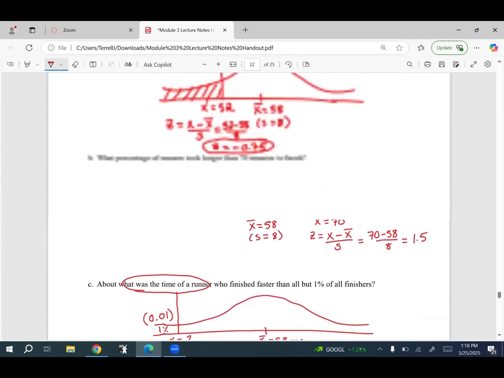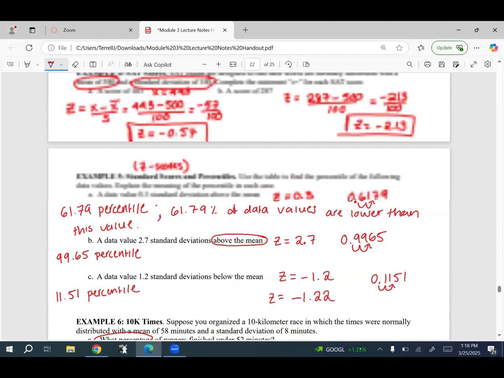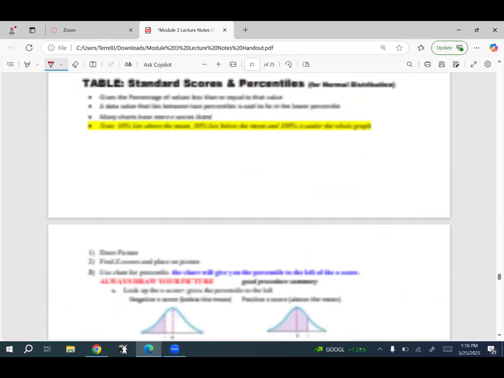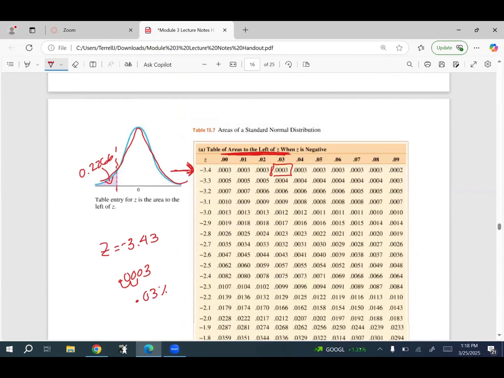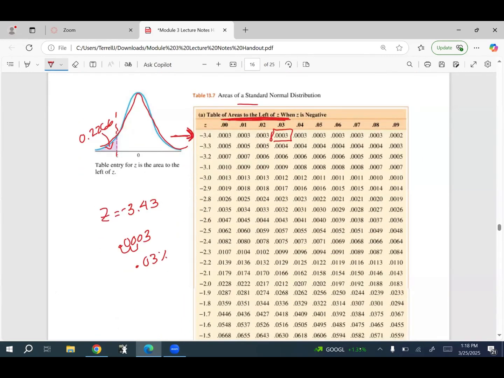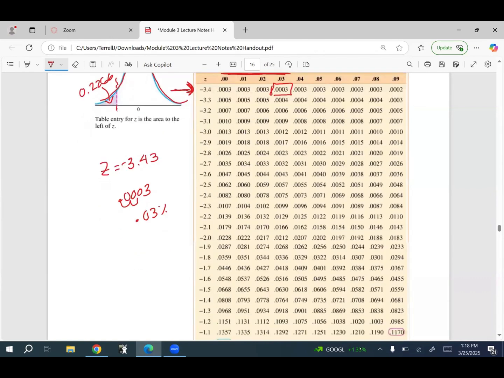So make sure you're on the negative. And instead of looking at the z-score, because I don't have it, the body of your table are the areas to the left. So let's look up 0.01. As I'm looking here, I'm focusing on this negative 2.3 row, and I'm seeing values that are close to 0.01, but I'm not seeing exactly 0.01.